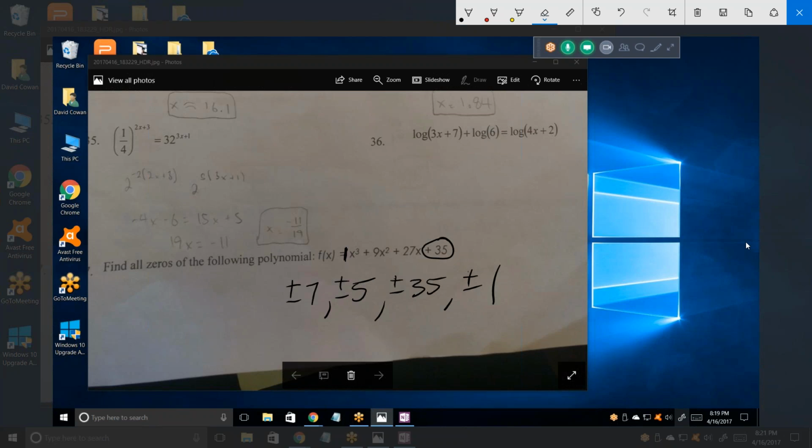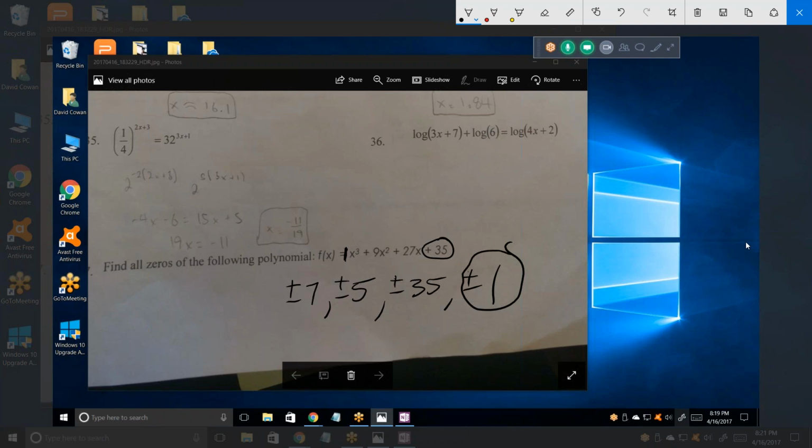Well, they may have intended you to solve this without a calculator. What I'm going to do is take this cubic and start dividing it synthetically by all of these possible 8 solutions, starting with the 1, because the 1 is the easiest one. I would try plus 1.